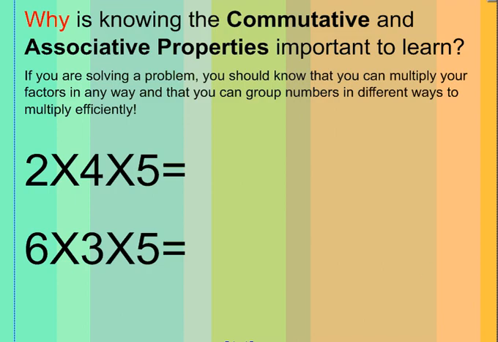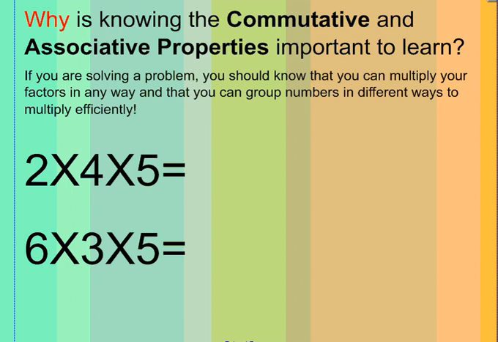So why is knowing the commutative and associative properties important to learn? Let's just say if you're solving a problem in life, you should know that you can multiply your factors in any way and that you can group numbers in different ways to multiply efficiently.